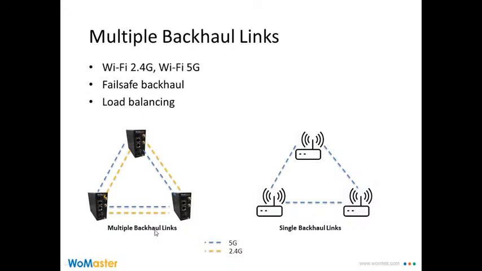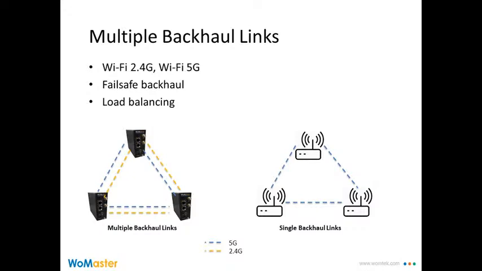With the multiple backhaul link, users can have the 2.4G and the 5G as the backbone at the same time. Once one of them fails, it can switch to another one for redundancy.